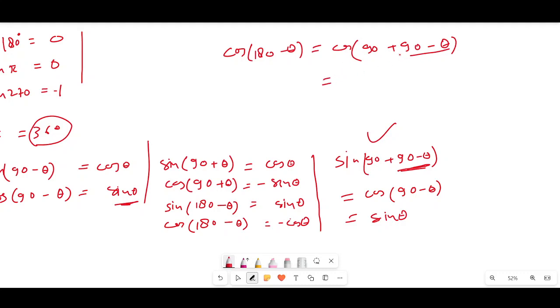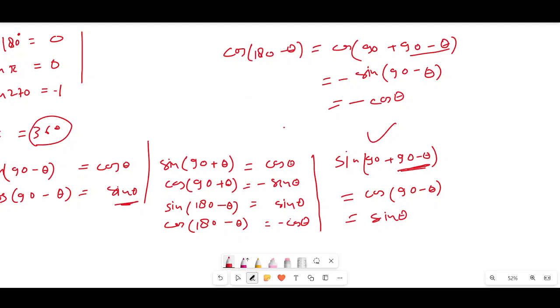Then cos 90 plus theta, because 90 plus means we are entering the second quadrant, and the sign in the second quadrant is minus for cos, is minus sine of 90 minus theta. Now what is the value of sine 90 minus theta? It is cos theta here.